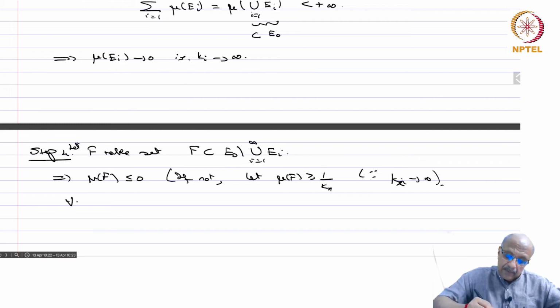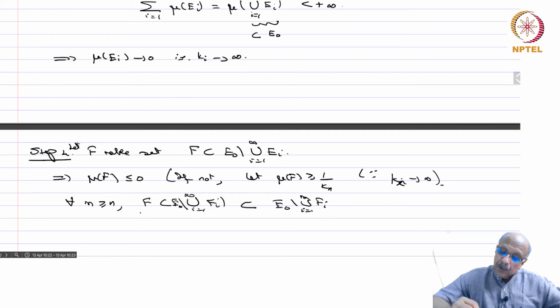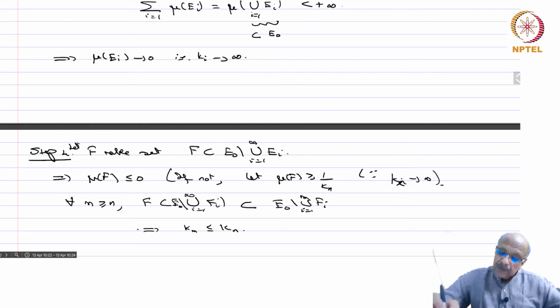Now for all m greater or equal to n, you have F is contained in E naught minus the union i equals 1 to infinity of Ei, which is contained in E naught minus the union k equals 1 to m of Ek, and then it has positive measure, and therefore this implies that Km is less than or equal to Kn, because mu of F is greater than 1 by Kn.